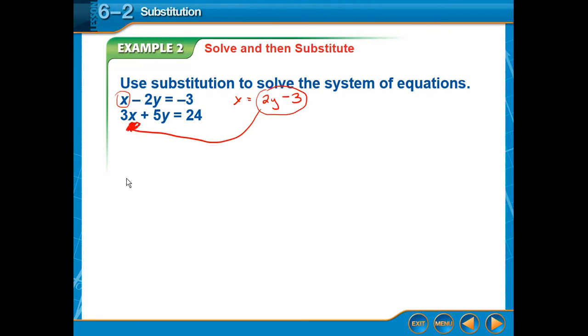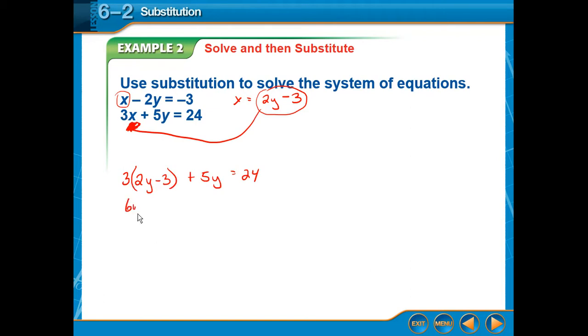So I'm going to have 3 now instead of x, so this is 3 times x, but x is this whole thing. So make sure you're putting the whole value of x inside of parentheses. It's 3 times the whole value of x. And then you have plus 5y equals 24. Okay, so distribute here.